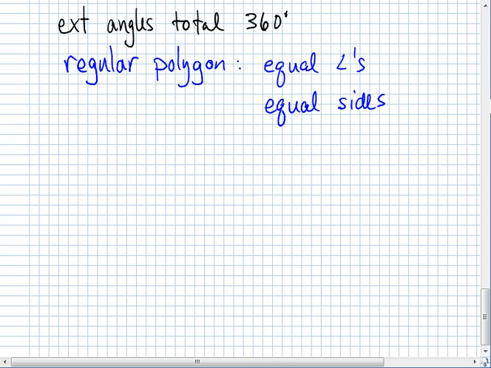So like a square or an equilateral triangle, stuff like that. Okay? And this rule gets a little simpler if we're dealing with regular polygons, because we know the exterior angles are going to total up to 360 for any polygon, but in a regular polygon, all the interior angles are the same, which means all the exterior angles are the same, which leads us to this.